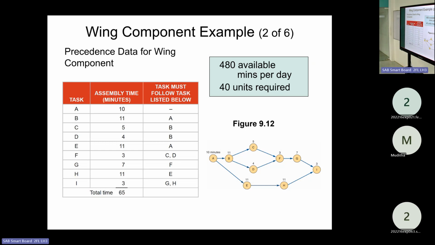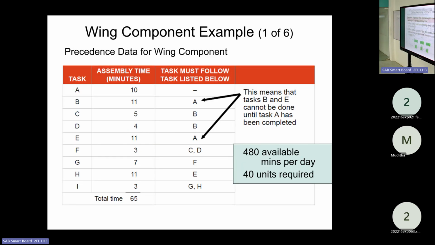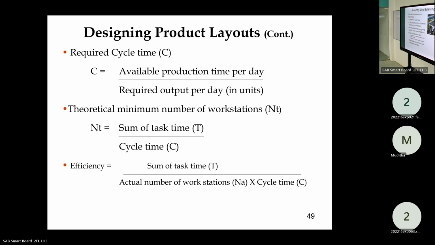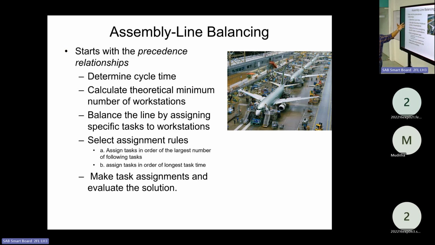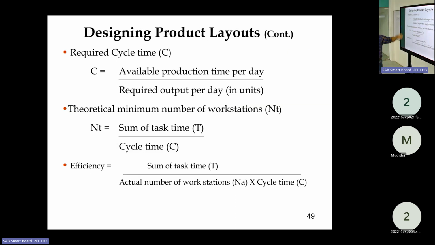Okay. Can we quickly move to the next step? The next step is to determine the required cycle time. For that, we need to use this equation: available production time per given time period, could be per day or per week or whatever, divided by required output for the same period in units.